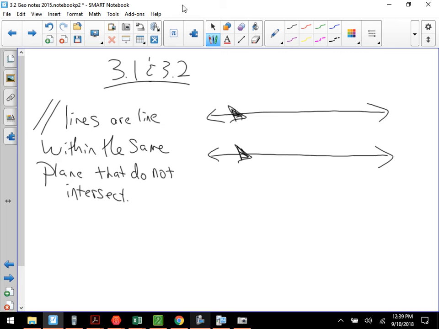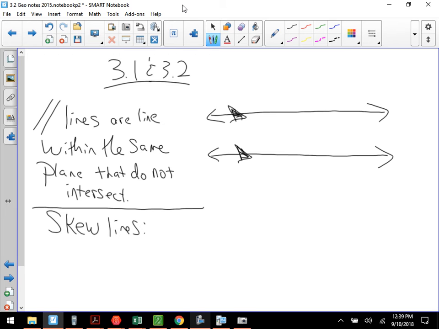And to go along with what's parallel is another term called skew. Since we just got done talking about points, lines, and planes and all those different things, you can actually have lines that don't intersect, but they're not called parallel because they're not in the same plane. For example, real easy one. Ceiling tile grid.